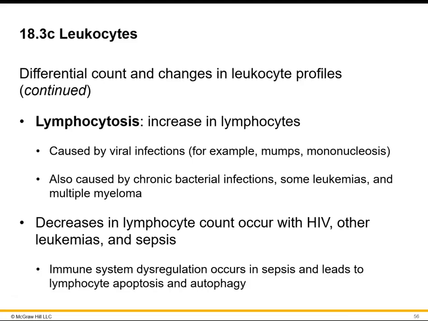So that's a type of lymphocyte. And patients with HIV, especially if they have acquired immunodeficiency syndrome or AIDS, can have very, very low lymphocyte counts. And this occurs as well in sepsis. One of the reasons that you see a decrease in lymphocytes during sepsis is because the immune system becomes dysregulated. And that's going to lead to the lymphocytes essentially destroying themselves and eating themselves.